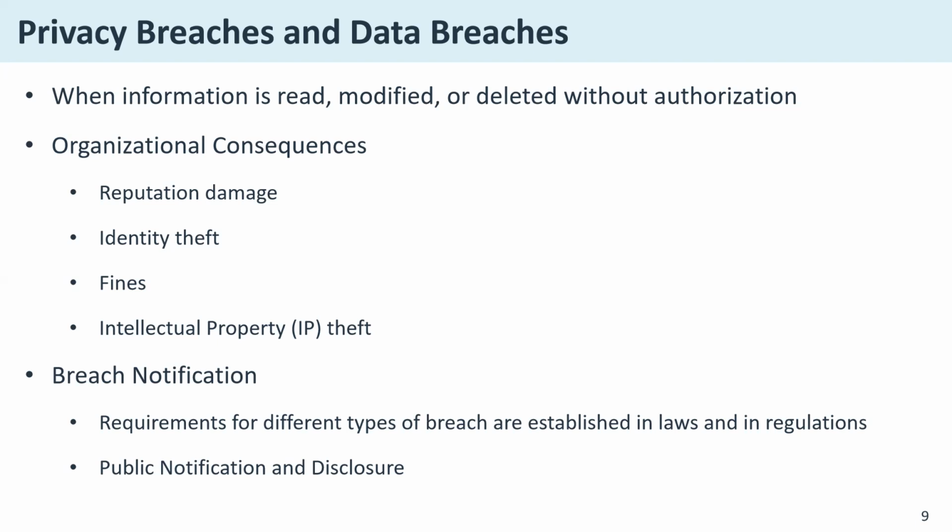So you see a bank, a fintech, or a social media platform: something happens, they have a breach, they come out and say, okay, so and so happened, this is why it happened, this is what we're doing. That's trying to manage reputation.